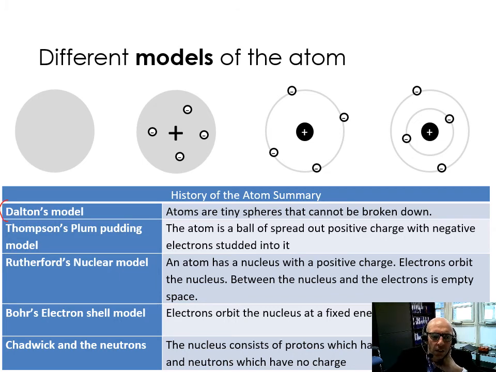Then second to that, Dalton's name begins with a D. Thomson's name begins with a T. Rutherford's name begins with an R. Bohr's name begins with a B, and Chadwick's name begins with a C. So, if we go with D, don't, and then Thomson, try, and then R, Rutherford, remembering, Bohr for boring, and Chadwick, C, for chemists.